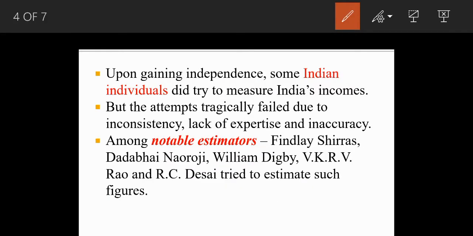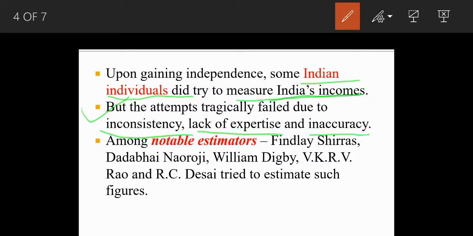Upon gaining independence, some Indian individuals took the step to measure India's income. When India slowly started getting independence, several Indian individuals took steps to calculate India's income, but the attempts tragically failed due to inconsistency, lack of expertise, and inaccuracy.